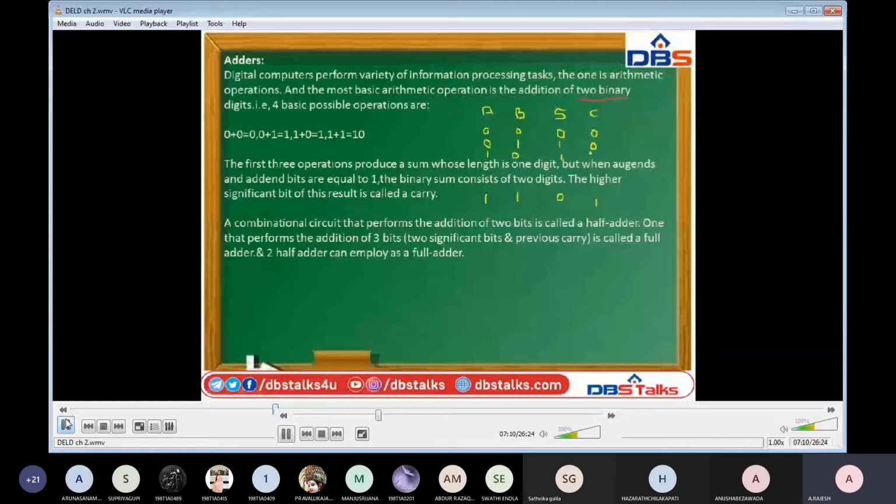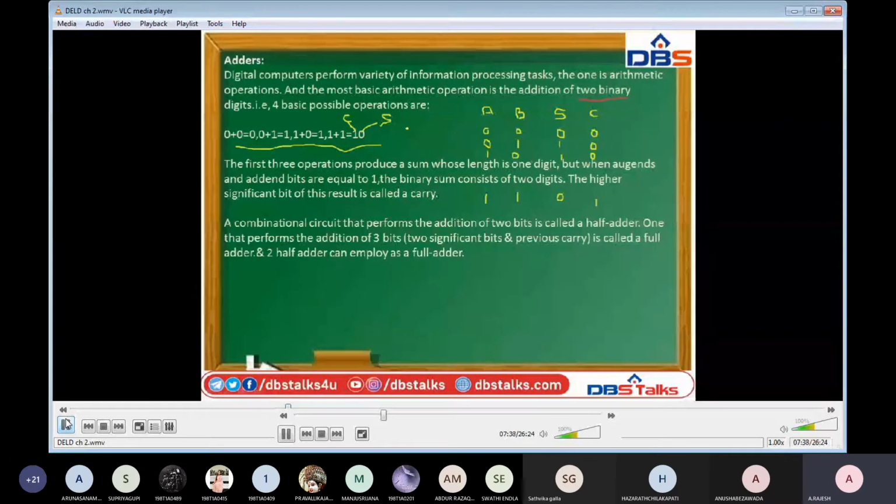See here, they have explained it. 0 plus 0 is 0, 0 plus 1 is 1, 1 plus 0 is 1, 1 plus 1 is 1 0. That means this is the sum, and this is the carry. The first three operations produce a sum whose length is only one digit.